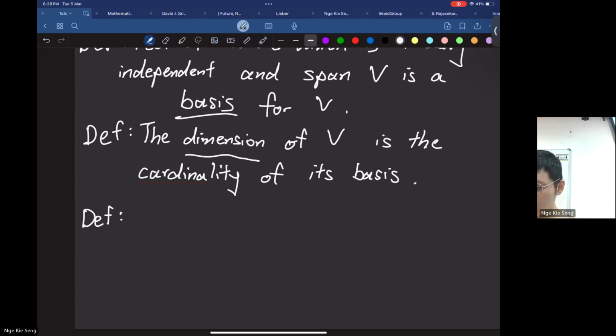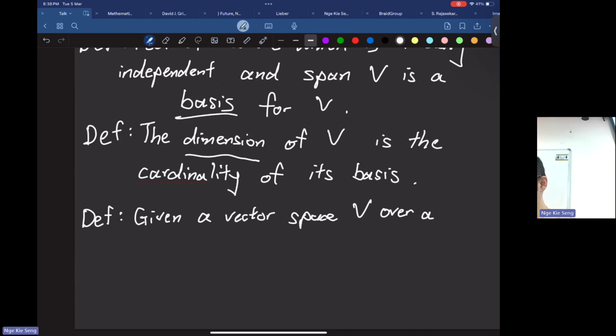So given a vector space V, when we talk about a vector space, we need to know where my scalars live, so it's a field. Let me define the dual of a vector space.